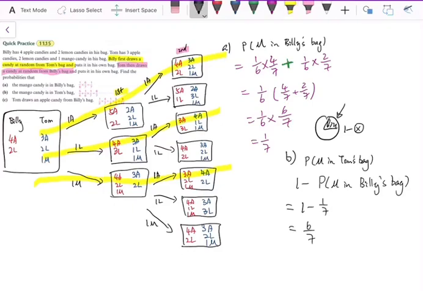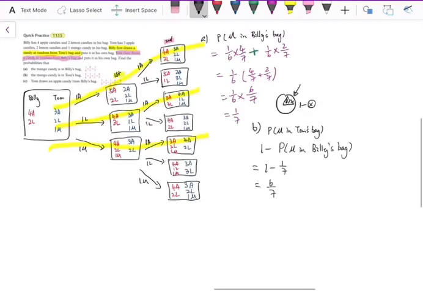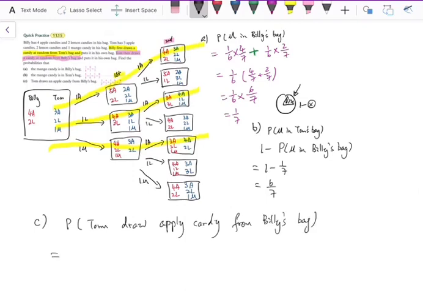So you can see that we got 3 different pathways, right? If you have 3 different pathways, it means you have 3 different cases, either or. So what we need to do is use the plus symbol to represent all three cases. First of all, write down the probability: Tom draws apple candy from Billy's bag, then the 3 cases, using plus to separate them.